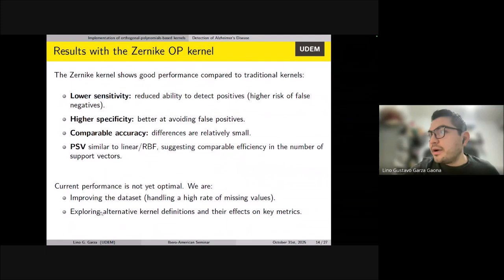And the other thing we are still working on is other kernels, and adjusting the parameters of this certain kernel, which is basically the degree we are using to construct the kernel function.